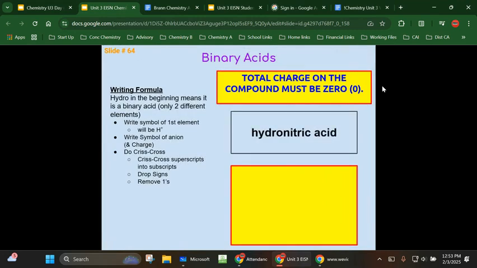Hydronitric acid. What's in it? Hydrogen and nitrogen. Nitrogen has a charge of -3. What does your acid look like in the end?